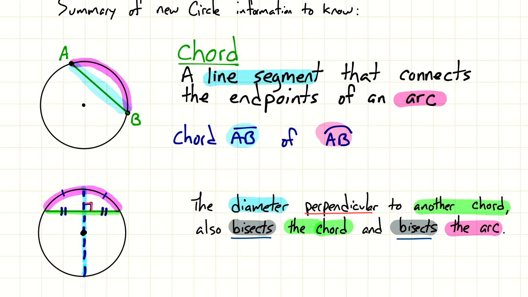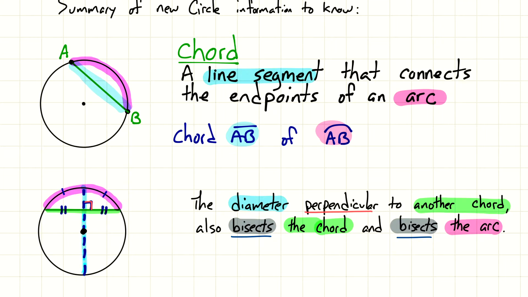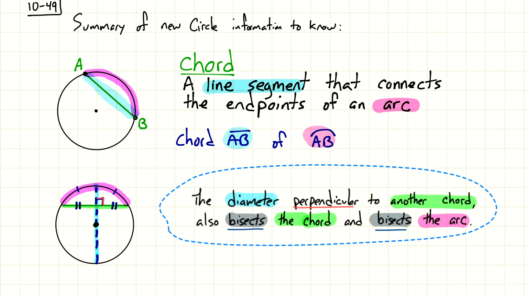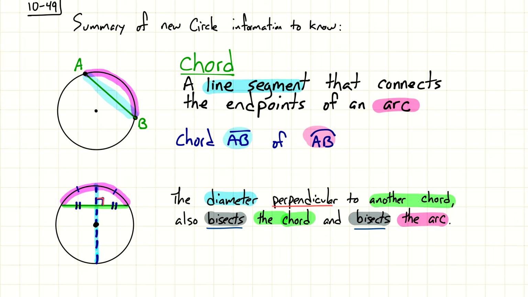All right. Second part to this is the relationship between the diameter and the chord. So if we have a diameter, let me move this over. All right, so the diameter, in this case, is this line here that's going straight up and down. When it's perpendicular to another chord, so another chord would be this line here going across.